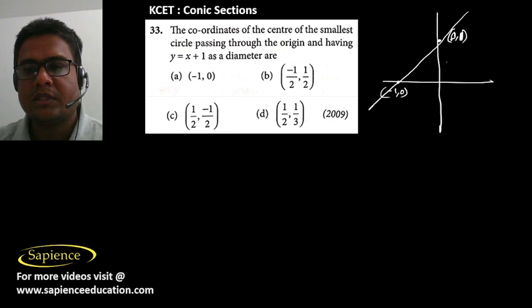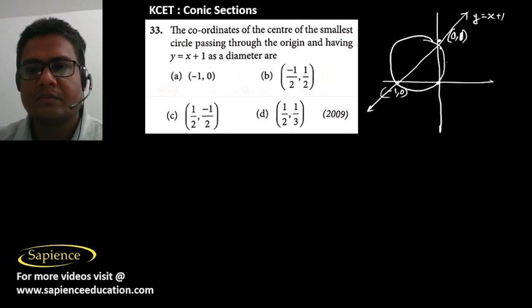So this is the straight line which is y equal to x plus 1. So the circle should pass through this point, and this is the diameter. So it means that the smallest circle should be like this, where this is the diameter of the circle.